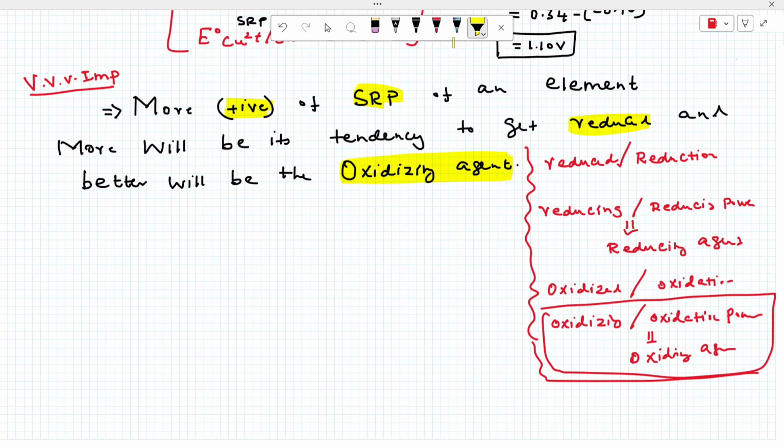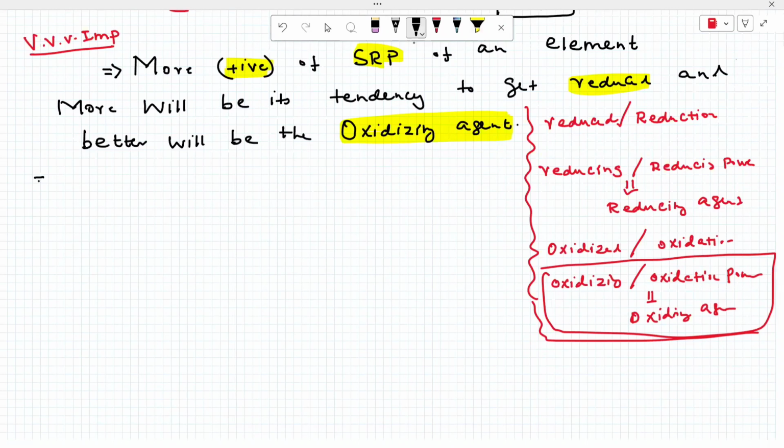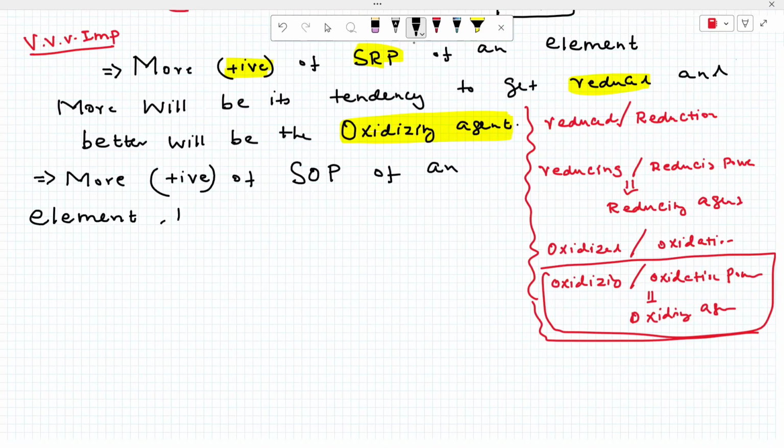Write the second point. Second point. The more positive value, both are positive only, the more positive the SOP of an element, the more will be its tendency to get oxidized.